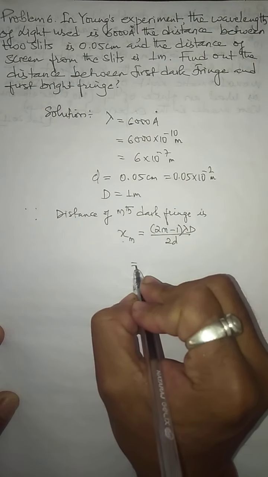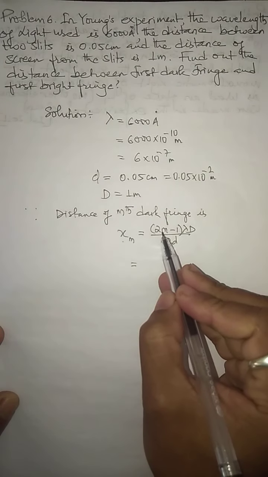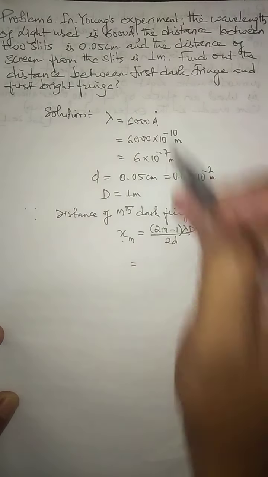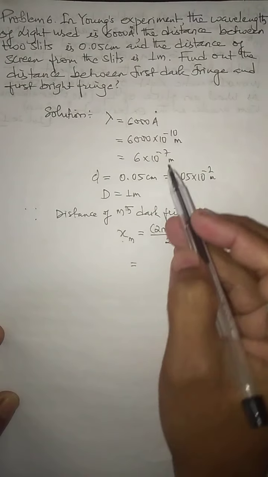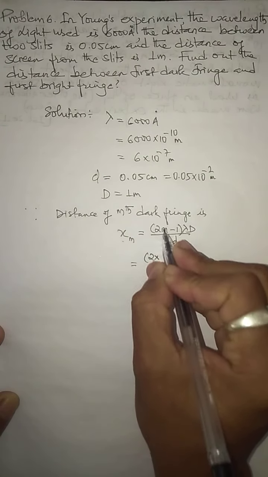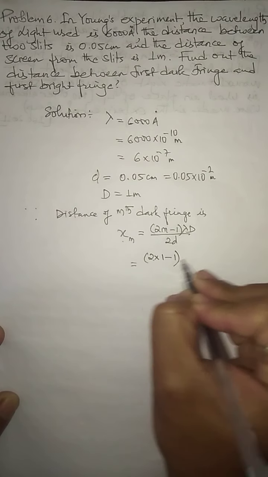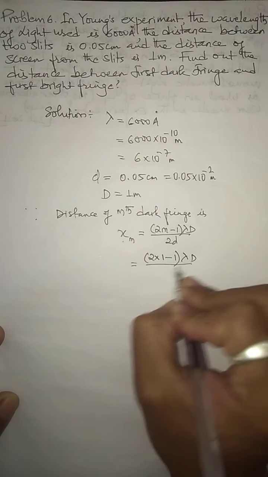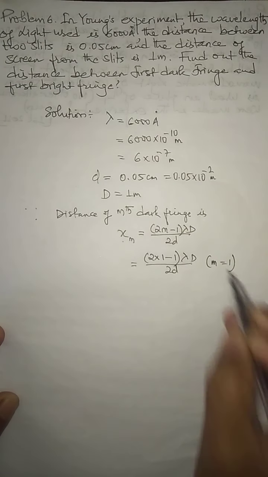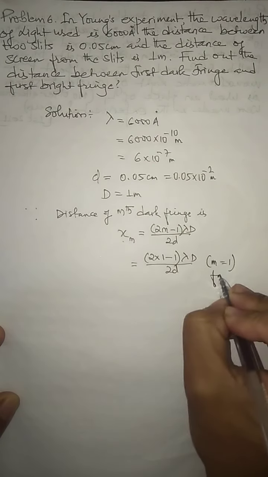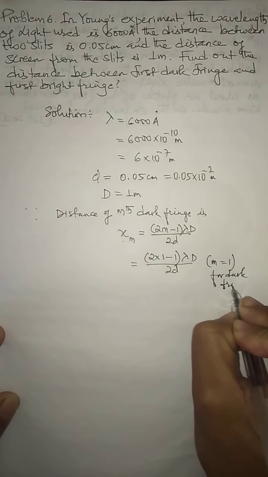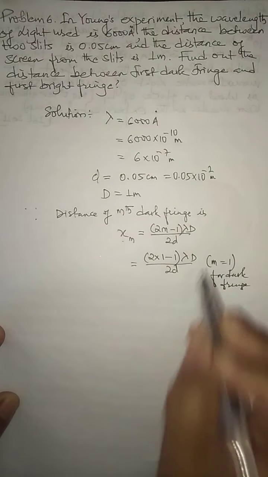In this question we can substitute the values, but what is the value of m? Because we are dealing with the first dark fringe, m should be 1.